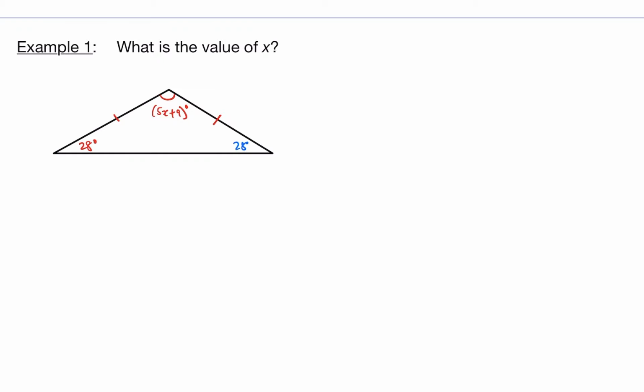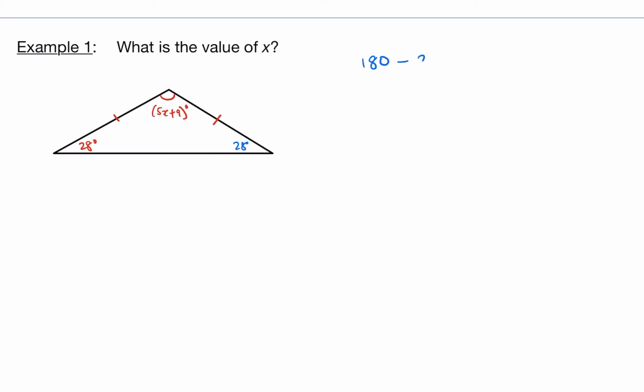We also know, or at least should know, that all three angles of a triangle add up to 180 degrees. So to figure out this angle, we would take 180 degrees and subtract both of these angles, 28 and 28.